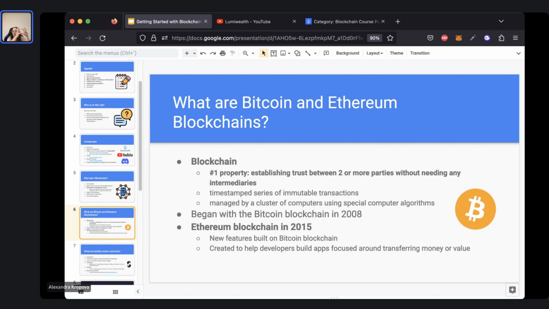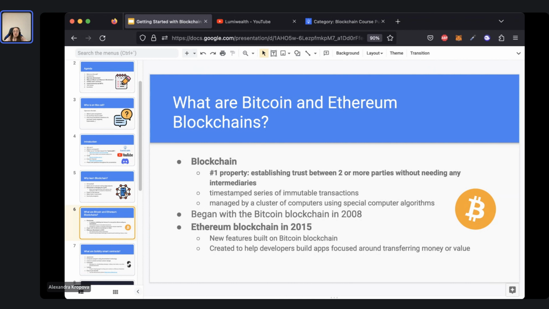If the blockchain says that it will send you the house, then you'll get the house. If the transaction is found to be valid, if you actually send the proper money and you're the rightful owner of the money, and then the owner of the house has the ownership of that house. So that is the number one property about a blockchain.